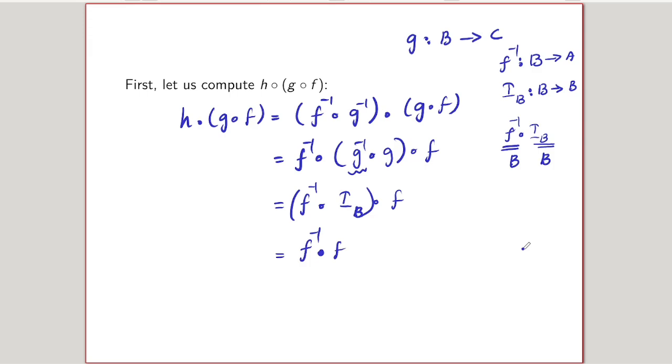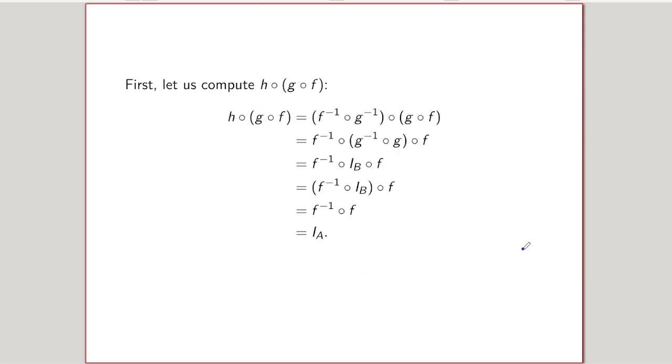The remaining one is composition with f. Observe that f inverse has been taken in the first place, so we will get the domain of f identity map. So it is I_A. The first condition we have proved.